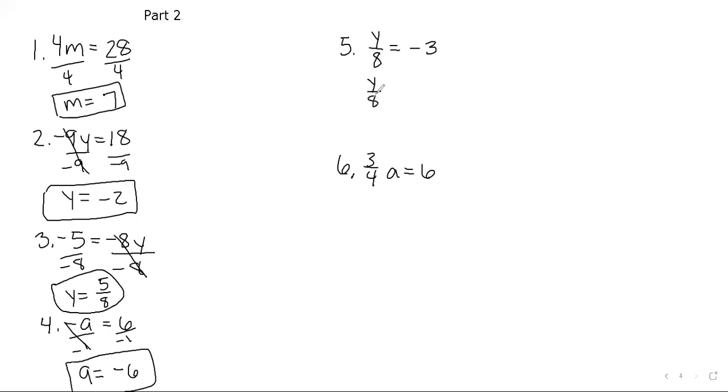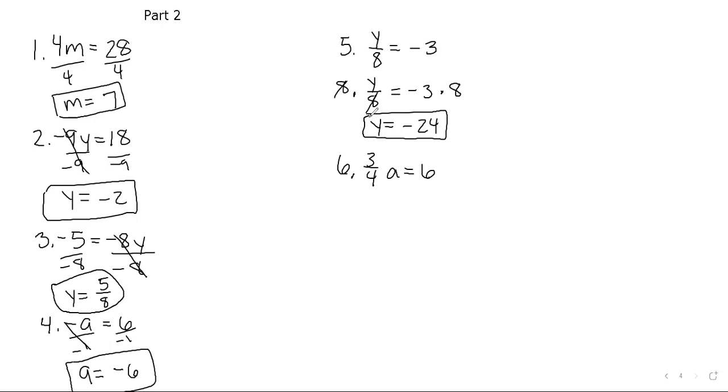So I'm going to rewrite this, and then I'm going to multiply by 8 on both sides, okay? Again, 8 over 8 is going to be 1, so we're left with y, which is what we wanted. And on this side, we have negative 3 times 8, which is going to be negative 24, okay? Easy peasy, all right?